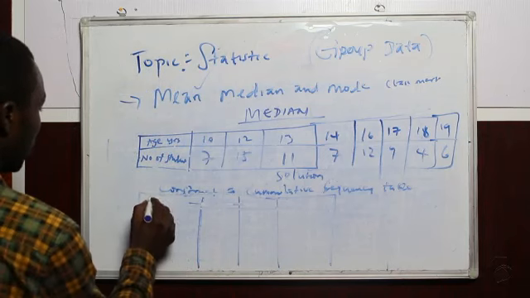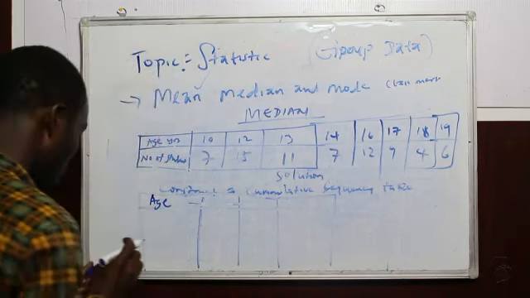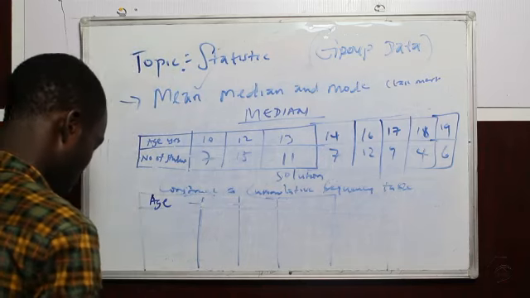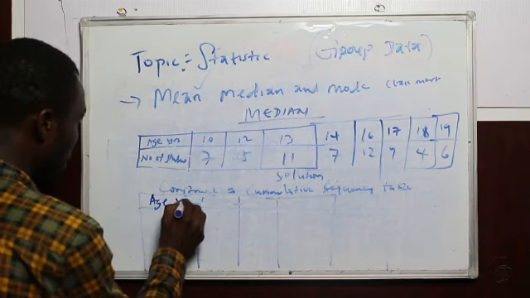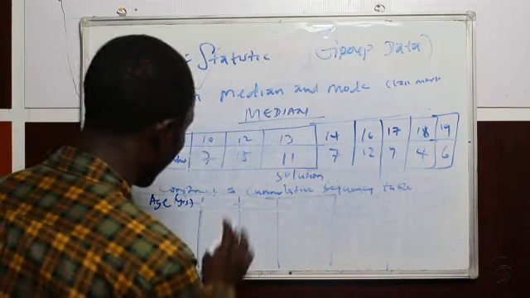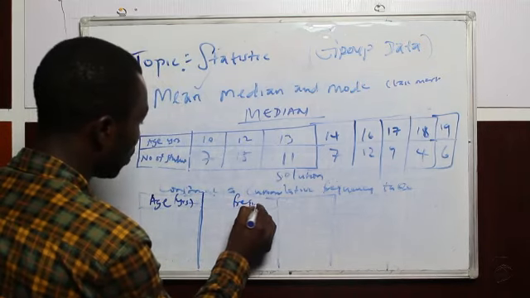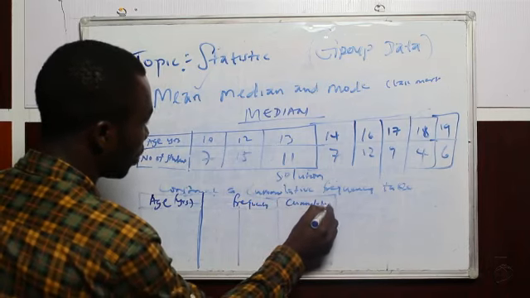Here is the age, which is in years. Here is the frequency, and here is the cumulative frequency.